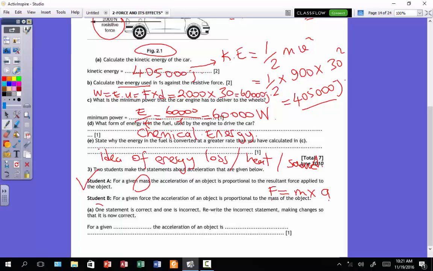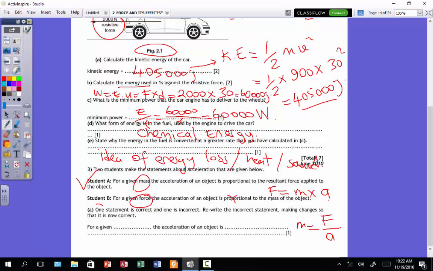What about student B? For a given force, the acceleration of an object is proportional to the mass of an object. When we look at here, mass is equal to force over acceleration. If the acceleration increases, the mass will decrease, so that's not correct, and we have to write it again, because the acceleration is inversely proportional to the mass of an object.